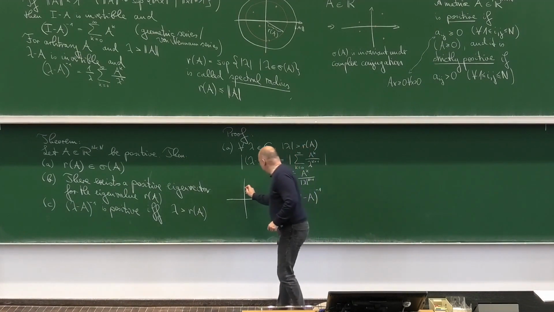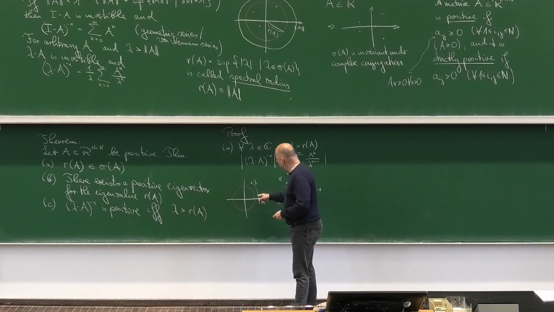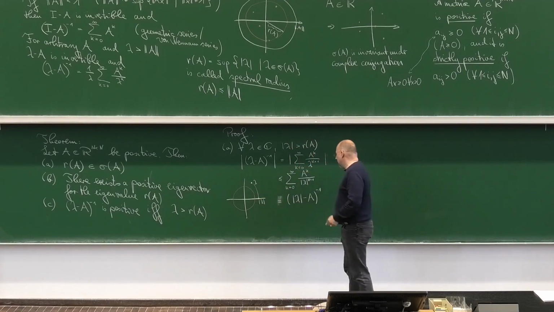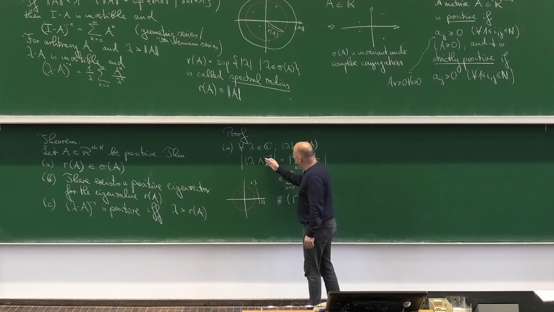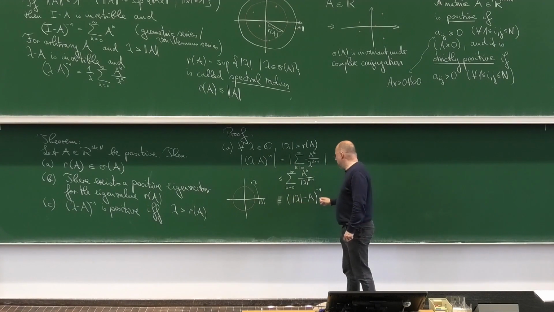So let's say we have here, I can estimate the resolvent here at lambda by, here is the absolute value of lambda, so we are in the same circle, by the resolvent at this point here. And this already shows actually that this matrix here, since it is greater than this matrix, component-wise, that this is a positive matrix.